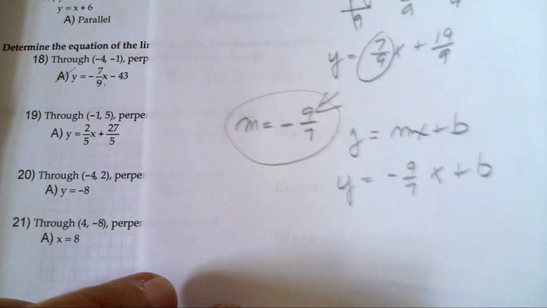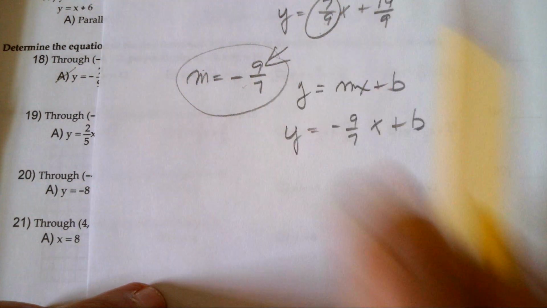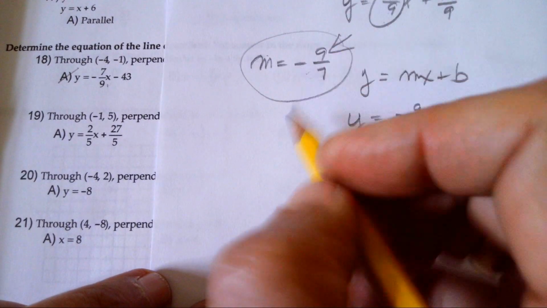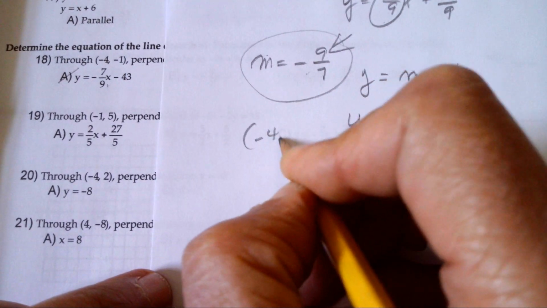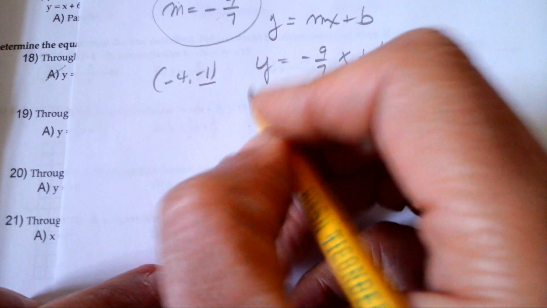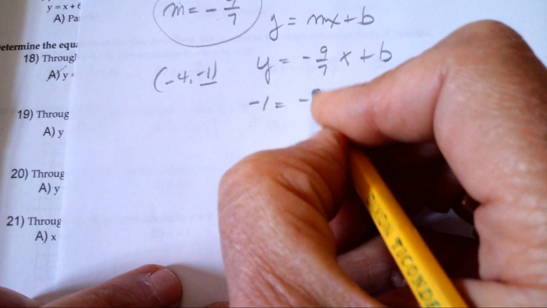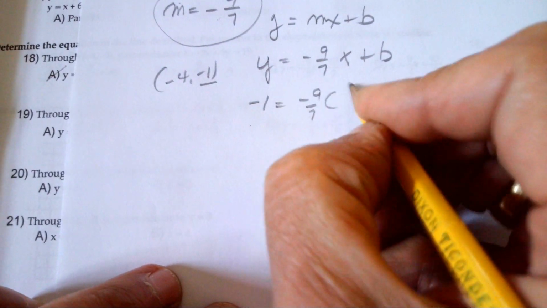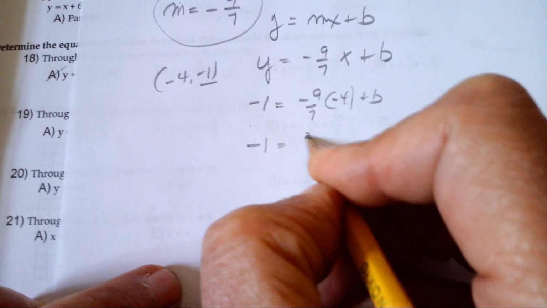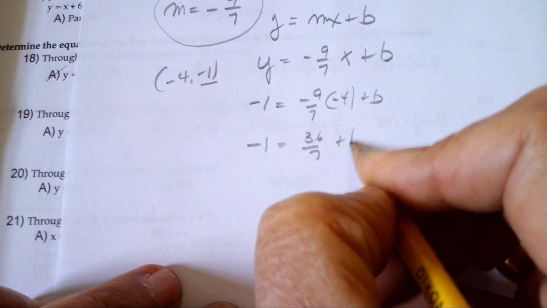But let me just finish this off to show you. The point that this line was supposedly going through, number 18, was negative 4, negative 1. So in place of y here, I'd have negative 1 equal to minus 9/7 times negative 4 plus b. I have negative 1 equal to 36/7 plus b.